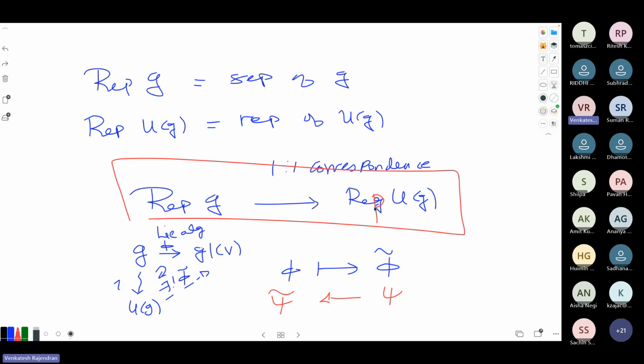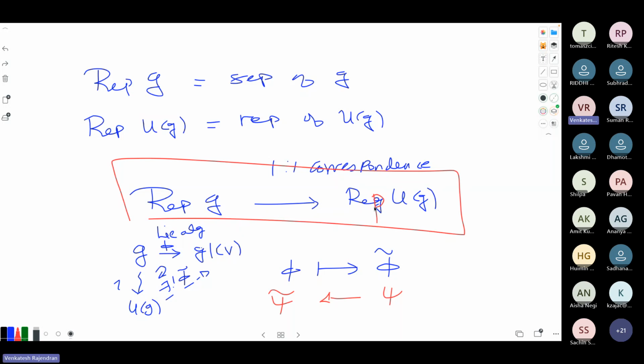Now, it's not hard to see that all the notions you learn about representations of g, like irreducibility, reducibility, completely reducible, indecomposable, will correspond to each other under this dictionary. So there is no difference between representations of g and representations of UG.